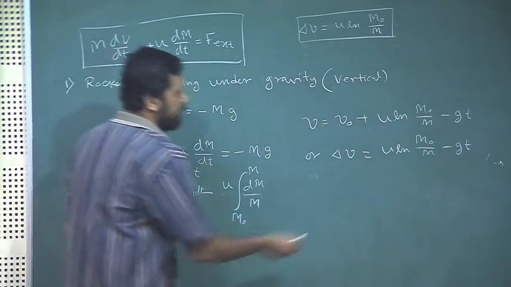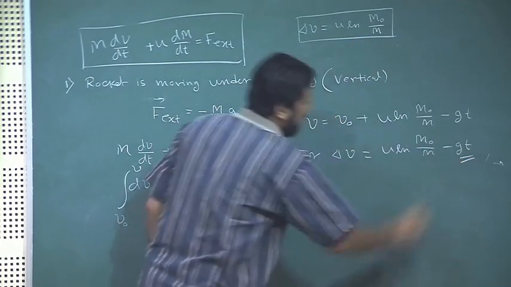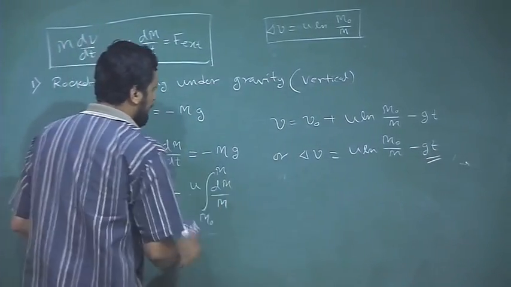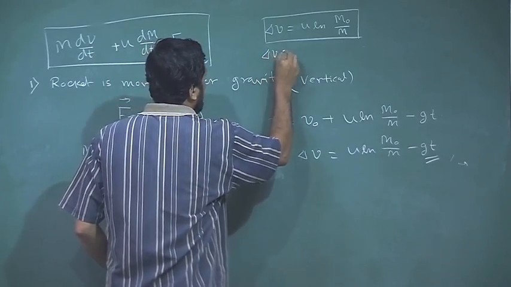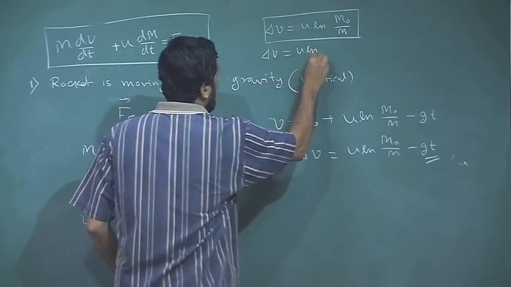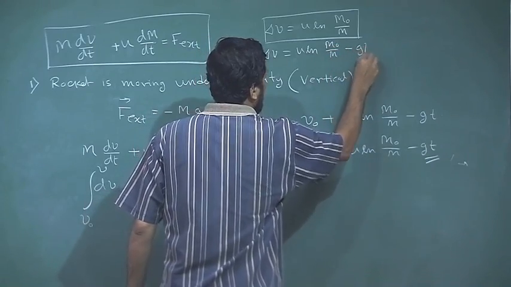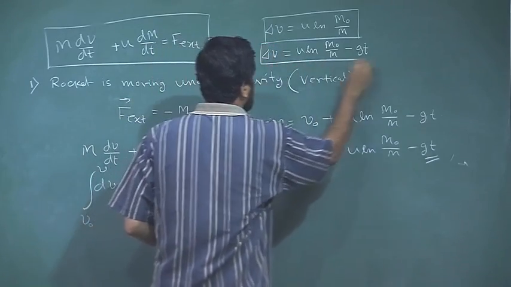So, it is just the same as the previous one, but we have an additional gt term. Okay. So, we will just keep this also for future reference. So, delta v is equal to u ln m0 by m minus gt. So, that is another relation which we would like to keep.